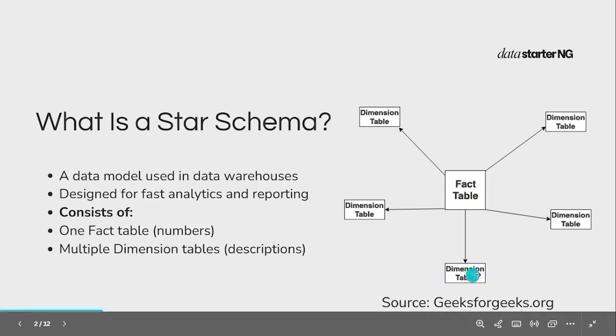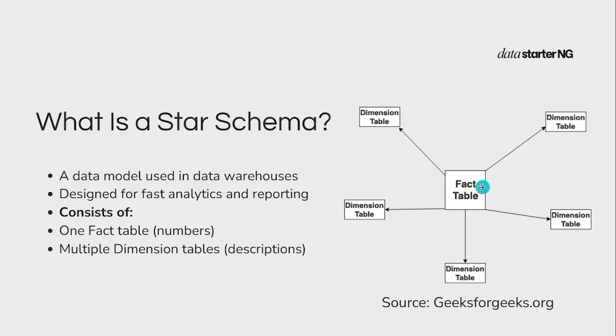So what is a fact table? A fact table usually just consists of your metrics and KPIs, what you want to track, for example sales numbers or order numbers. Dimension tables give you context. They allow you to know the what, the why, the where, etc.